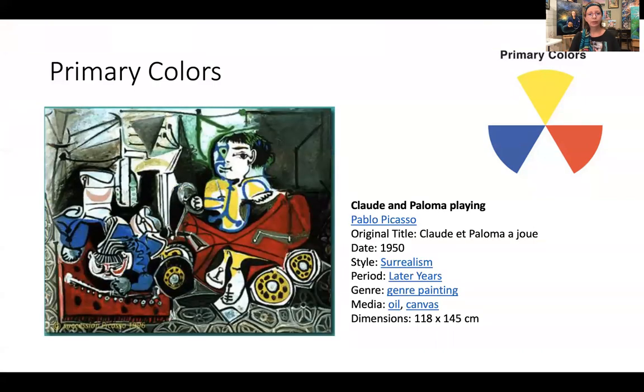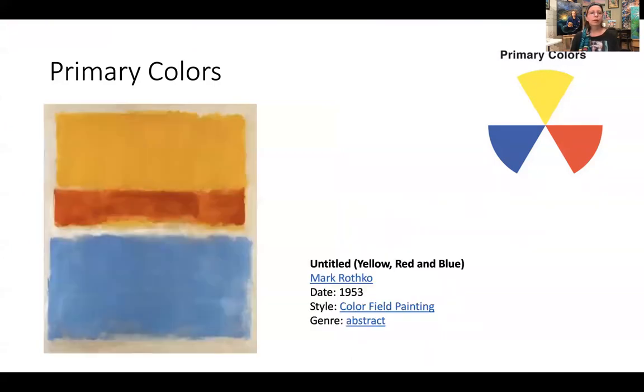Another example, Picasso, is going with the primary colors, not moving away from your blue, red, and yellow, except for the black that he highlights everything with. Mark Rothko was considered a colorist, so most of his works are based on simple combinations of colors, and this is a primary color combination.